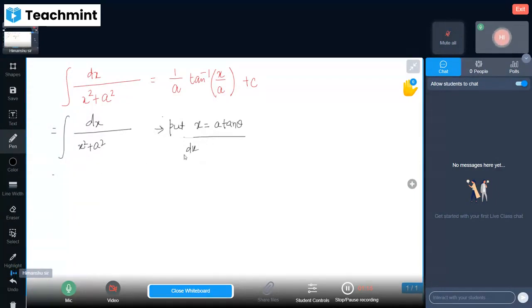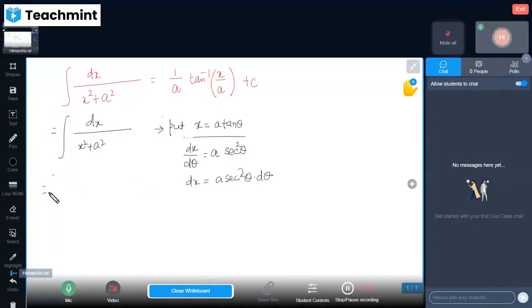So dx upon d theta is equal to a, which is a constant, and the derivative of tan theta is sec square theta d theta. Okay, so dx is equal to a sec square theta d theta. Understood?